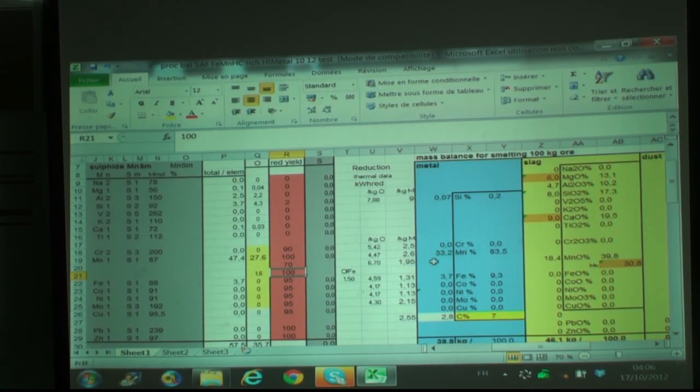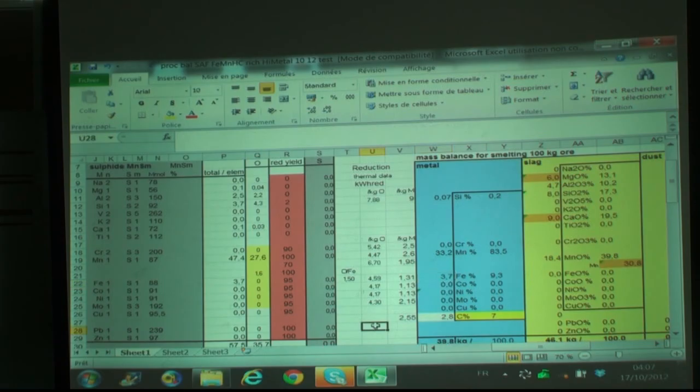But to understand it better, we have also to check the result for the slag. And before, we just see that departing with 47 kilo manganese per 100 kilo ore, we have 33 kilo metal. And in case of the iron, we have 95% iron yield in the metal, and this is calculated the same way.